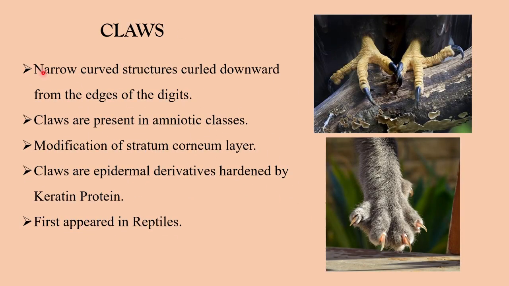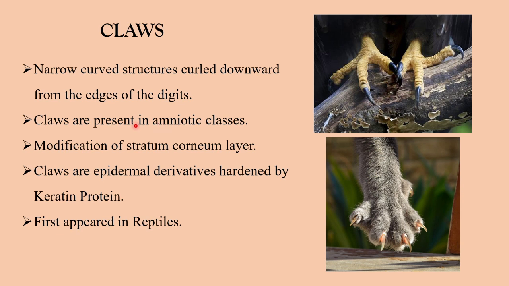Now let's take a close look at claws. As you can see in these pictures, claws are narrow curved structures curled downwards from the edges of the digits. These are present in amniote classes. Amniotes are the group of tetrapod vertebrates that includes all reptiles, birds, mammals and their extinct relatives. The word amniote is derived from the word amnion, which refers to the development of the protective membrane around the embryo.